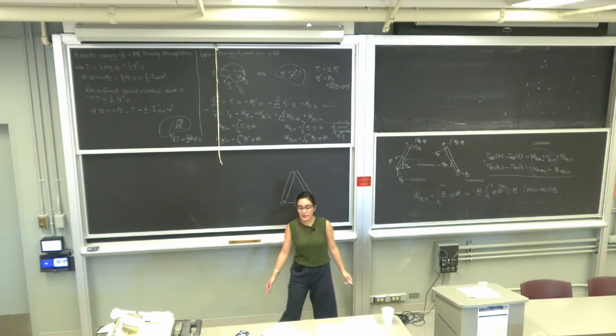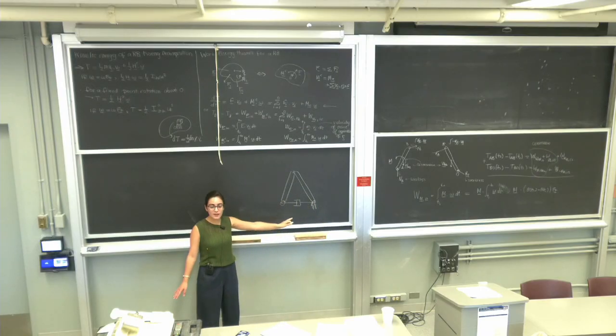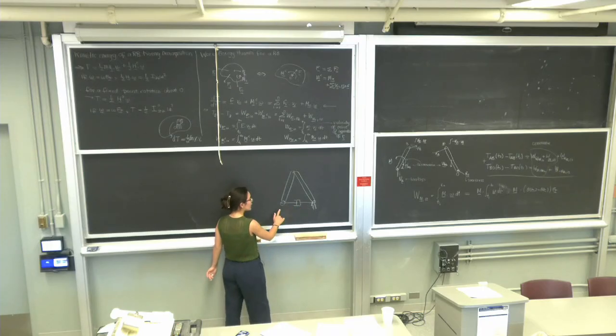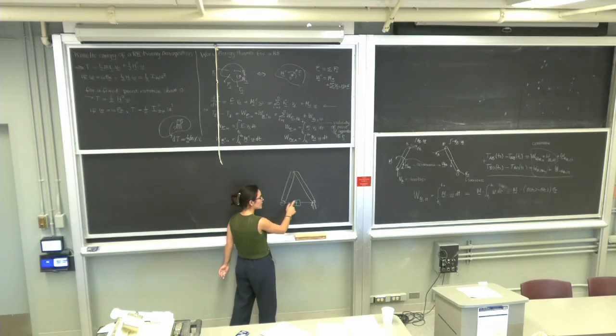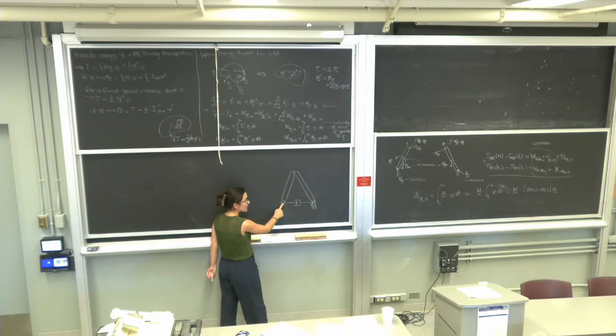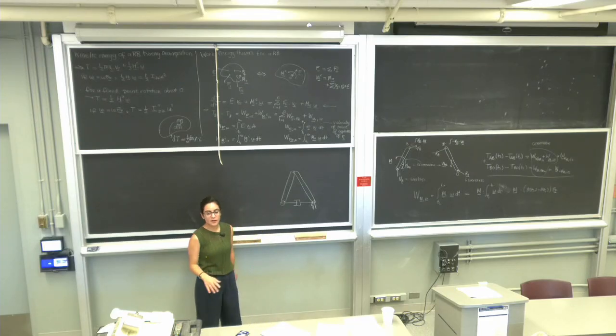Can I neglect the damping forces and say that the energy of the system is conserved? No. Even though the damping forces are internal, I have to calculate the work of the damping force on this and the work of the damping force on this. Here it's going to be 0 because it's applied at a point with 0 velocity. Here the work is going to be non-zero because this is moving in the same direction as the damper force, and the energy of the system is not going to be conserved.